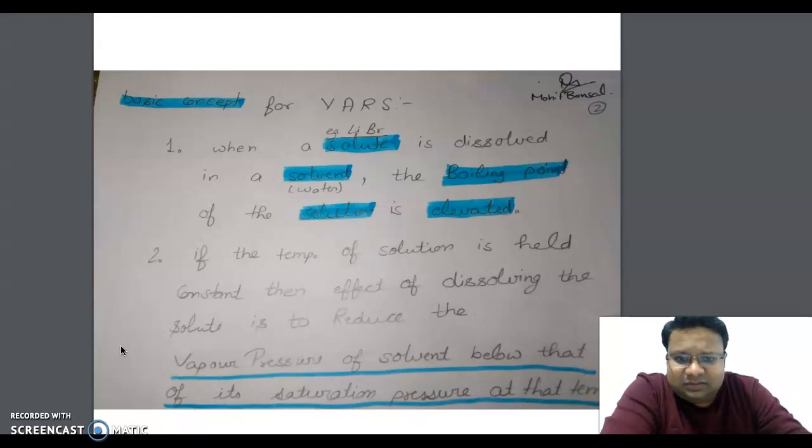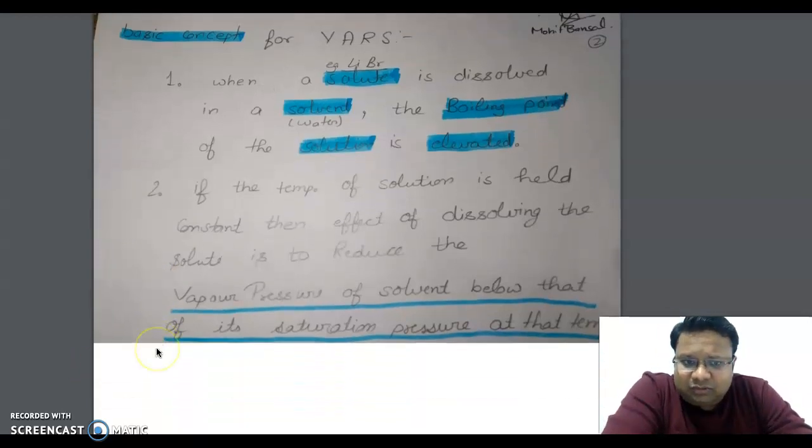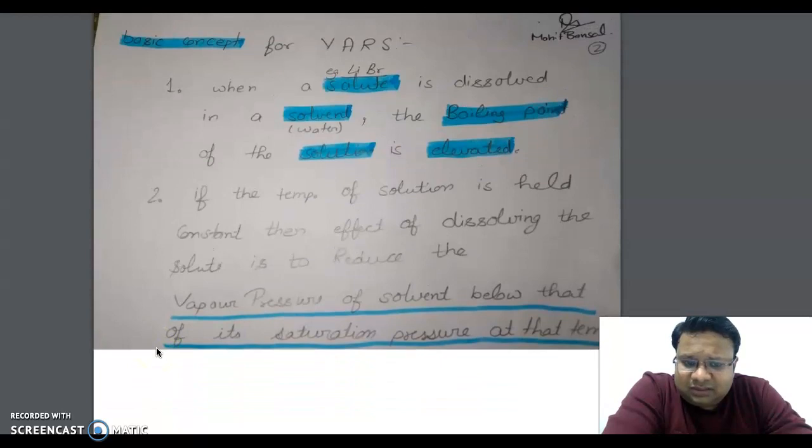The basic concept, I'm going to read this and further we will learn this. What is this? In a VARS, when a solute, for example lithium bromide, is dissolved in a solvent like water, the boiling point of the solution is elevated.